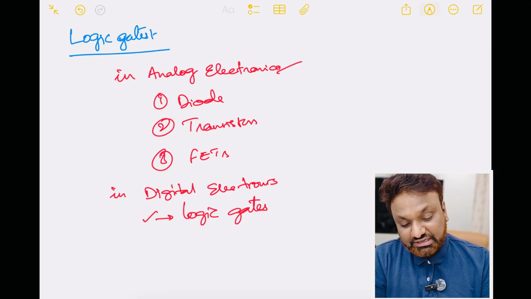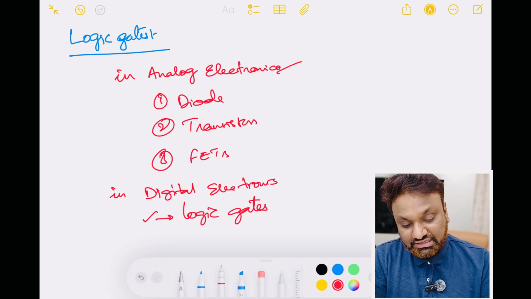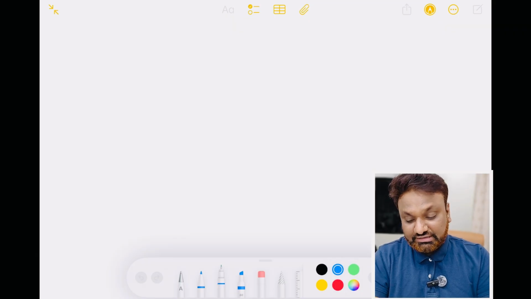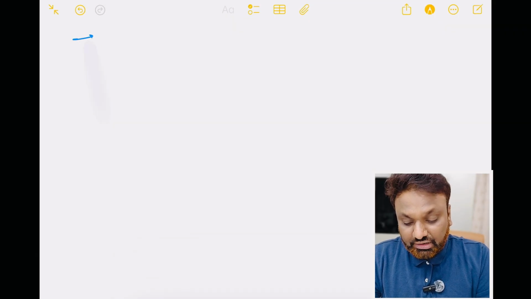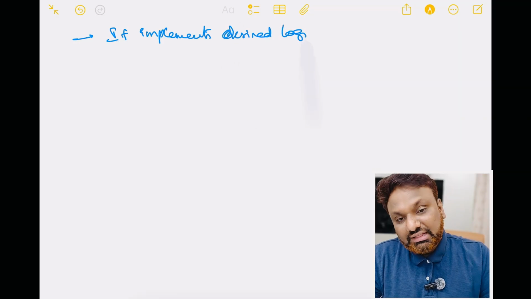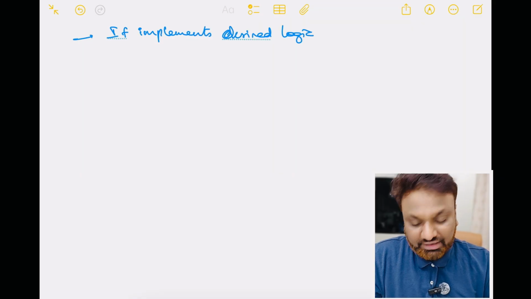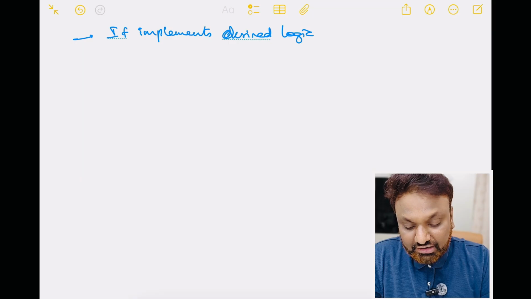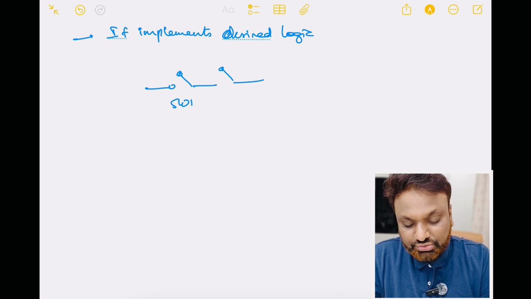Now what is a logic gate? A logic gate is nothing but it implements some kind of logic, the desired logic. In the schooling we have studied, like there will be two switches in series, two switches in parallel, right? Two switches connected in series, switch 1, switch 2, correct.